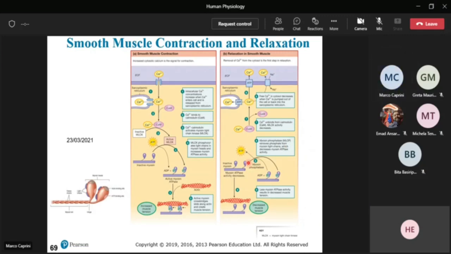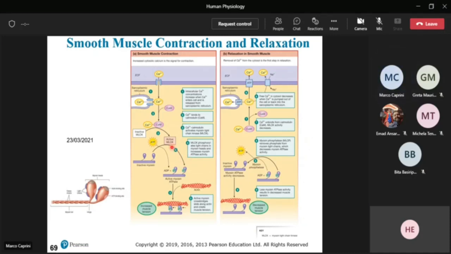So the process is the opposite. If I remove the phosphate, the ATPase activity decreases and the muscle decreases the tension.